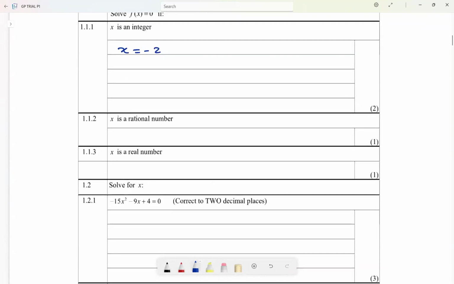Okay, that's an integer. And then a rational number is one that can be expressed in the form of a fraction, but the fraction should be a terminating one. It is a fraction like 1 over 2, which is 0.5, and then it ends there. Something like 1 over 3 is continuous. Can you see it is continuous like that?